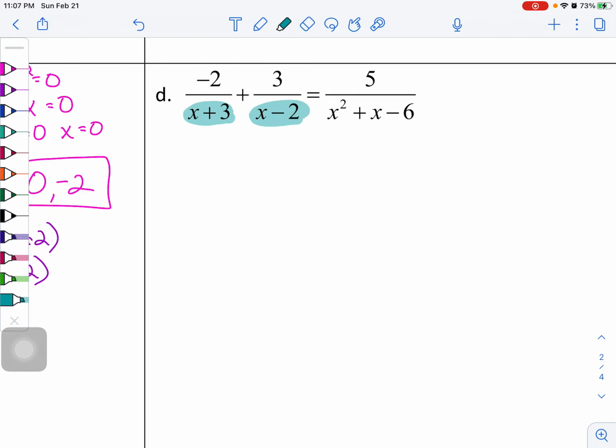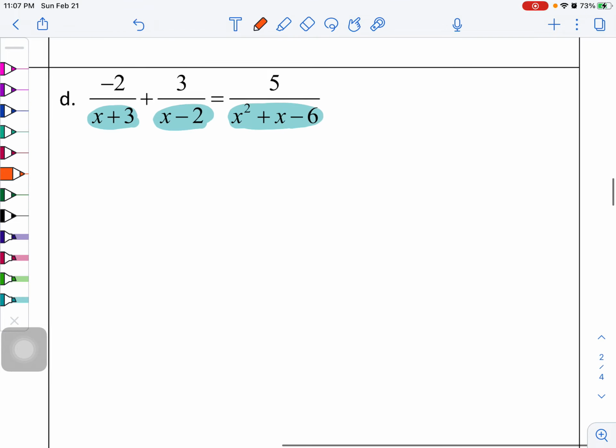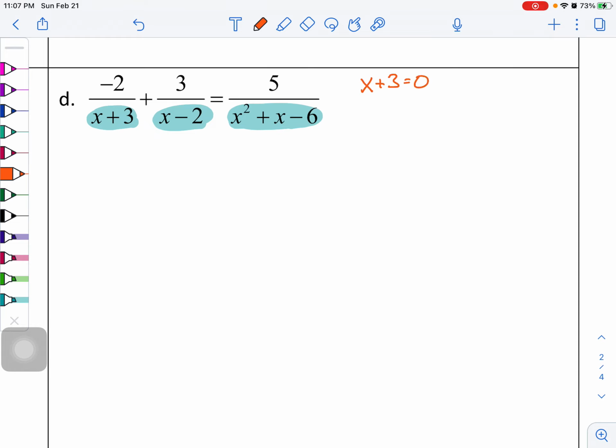Ooh, this one looks like a lot of fun. Lots of fractions. All right, first things first, domain restrictions. So I want to focus on just my denominators, and I'm going to set each denominator equal to 0. So x plus 3 equals 0, x minus 2 equals 0, and then I've got x squared plus x minus 6 equals 0.